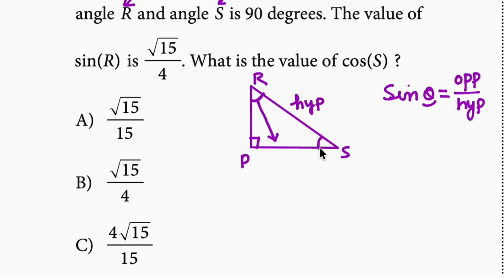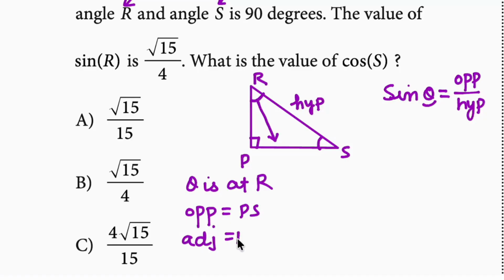But if theta is at S, then RP is opposite and PS is adjacent. So if theta is at R, opposite is PS, adjacent is RP or PR, and hypotenuse, the side opposite 90 degrees, is RS.